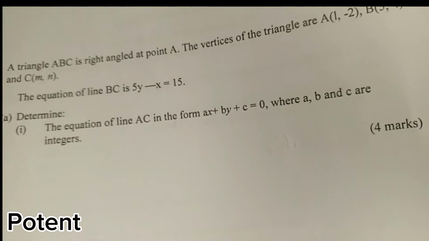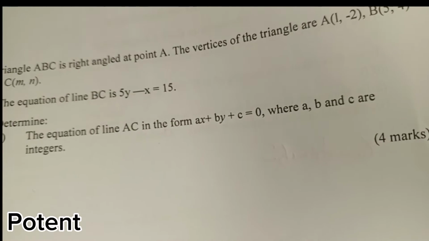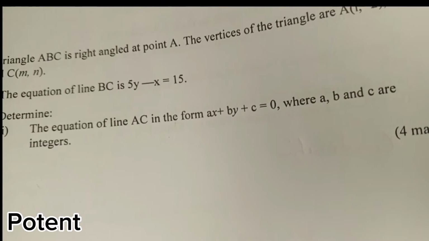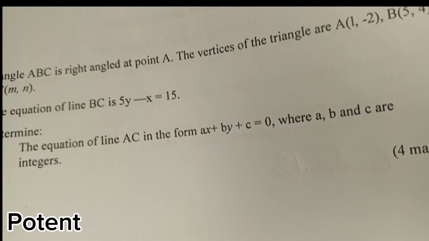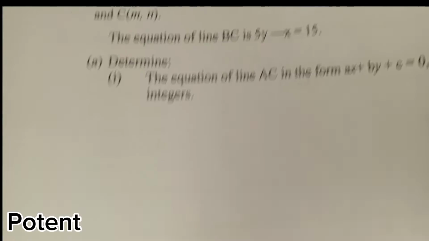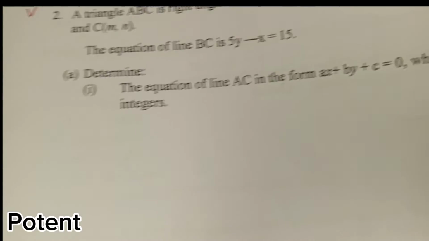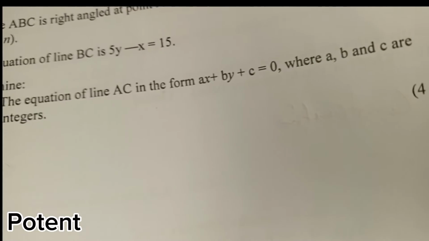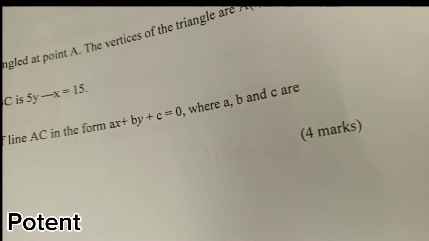The equation of the line BC is 5y minus x equals 15. Part A: determine the equation of the line AC in the form ax plus by plus c equals 0, where a, b and c are integers. 4 marks.